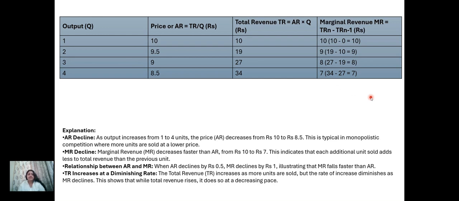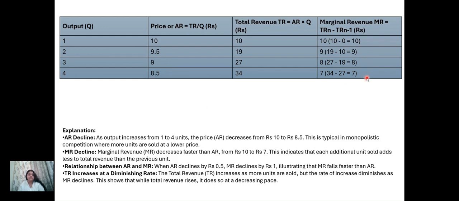What is expressed is that AR declines from 1 to 4 units: 10, 9.5, 9, 8.5. This shows monopolistic competition, when more units are sold at lower prices, and MR declines from rupees 10 to rupees 7: 10, 9, 8, 7.